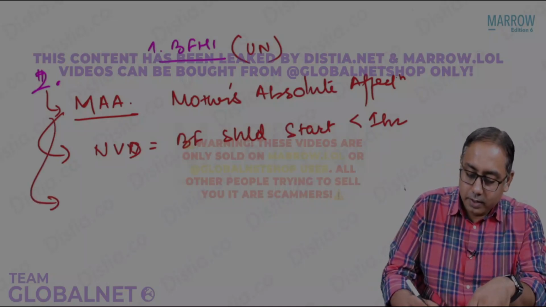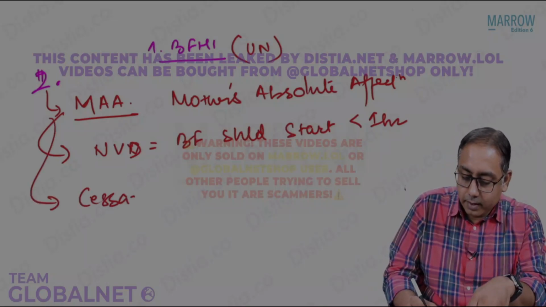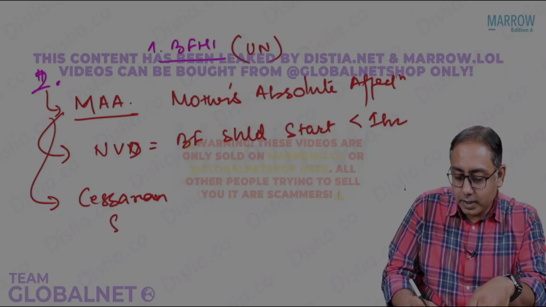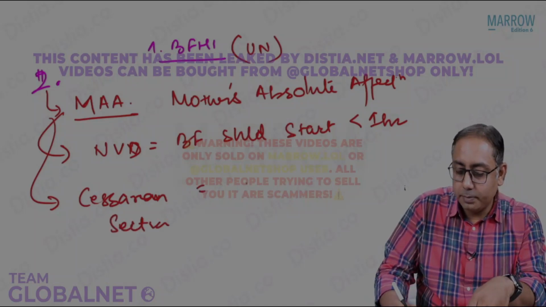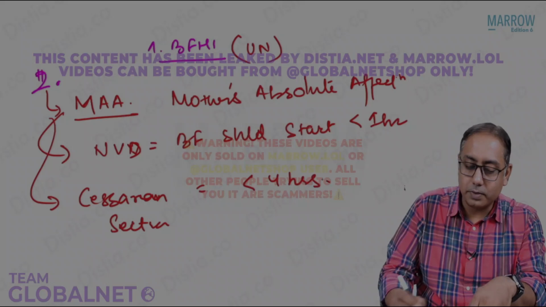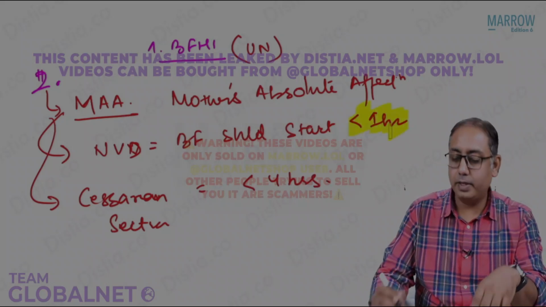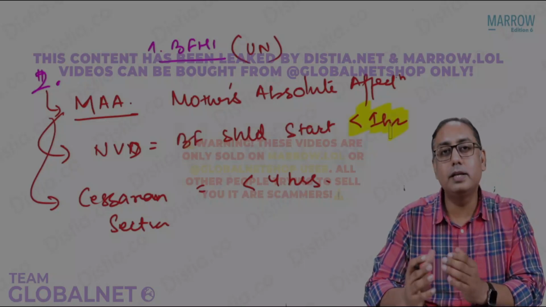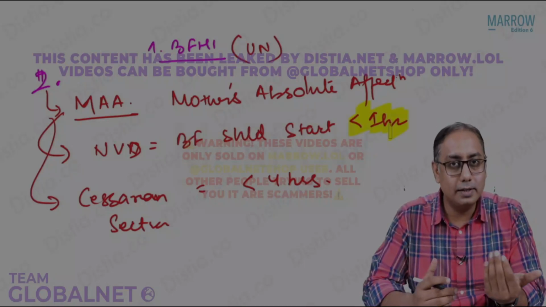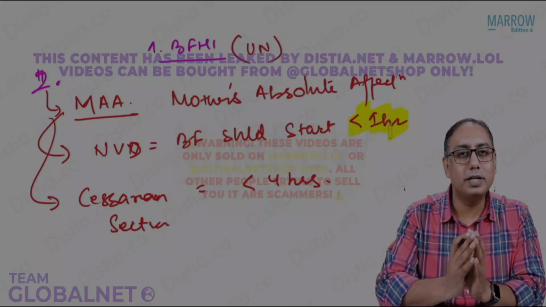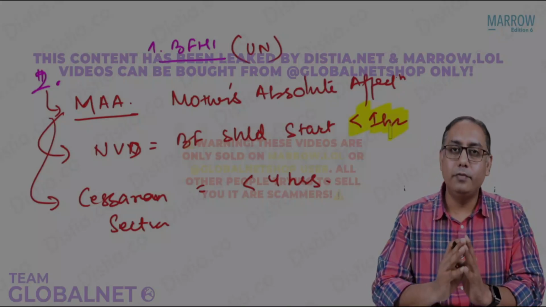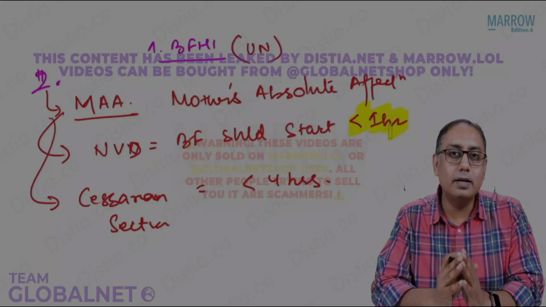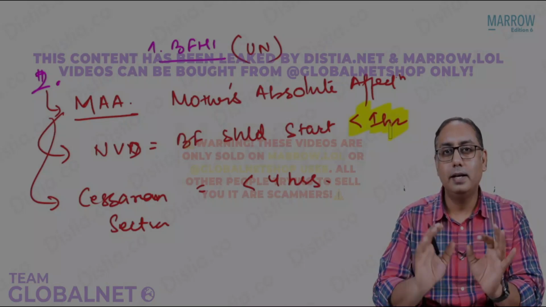In case of a cesarean section, the breastfeeding should be started at least within 4 hours. I hope in gynae also you are studying the same values. In gynae, many times the FOGSI guidelines are that breastfeeding should be started within 30 minutes. We duly respect that, but in MA guidelines, it is 1 hour.